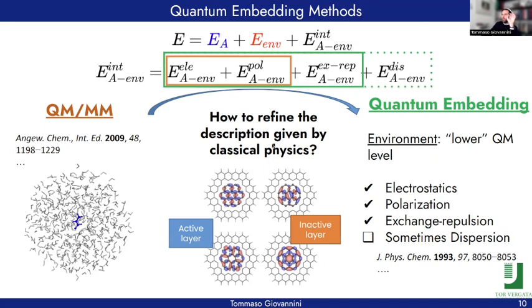Then of course when you have delocalization, as in this case, you need to be very careful of what you are doing. Because of delocalization properties, you need to properly cut and define the total density before cutting. But in principle, this multi-level idea allows you to also cut covalent bonds. So this is very powerful, more than QMMM. In QMMM, you can cut, and then you need to put link atoms, for instance.